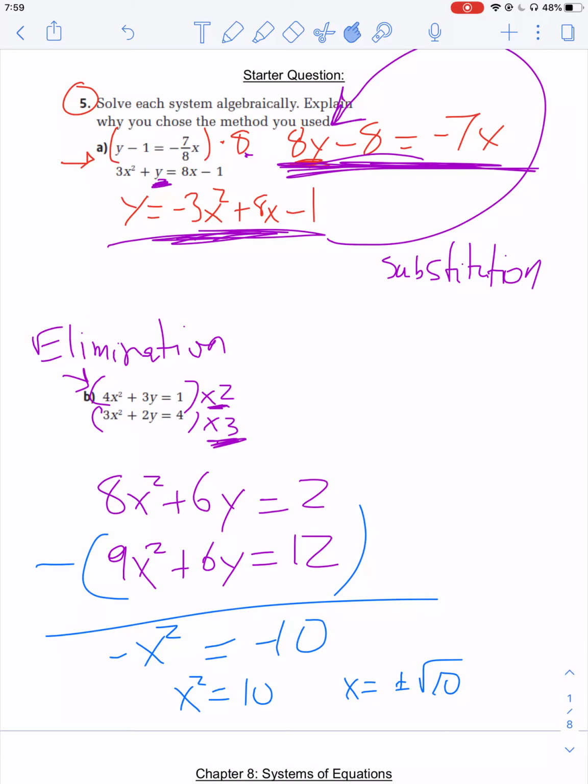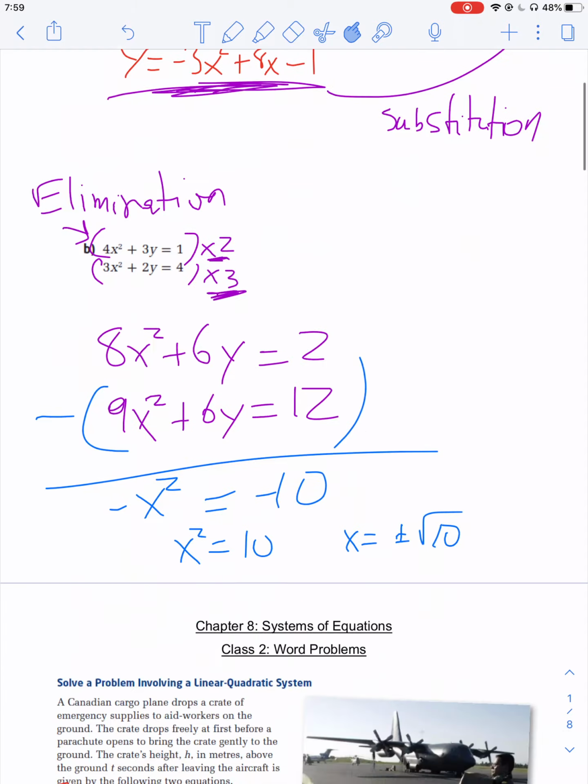Because when you work with fractions, it's very time consuming. And at this level, not only do you need to understand how to do the questions, but you need to finish them within a certain time frame. So this is my way of showing you how to save some time on a test.